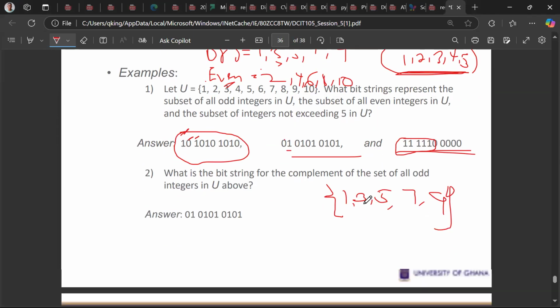Now they're asking you to find a complement. What is the bit string for the complement of the set of all odd numbers? When you're finding a complement, it's going to be the universal set minus the A.